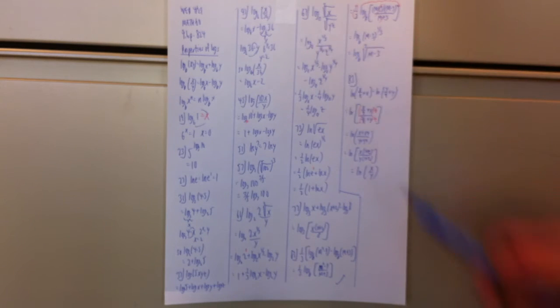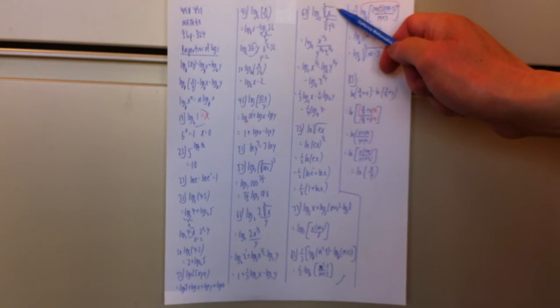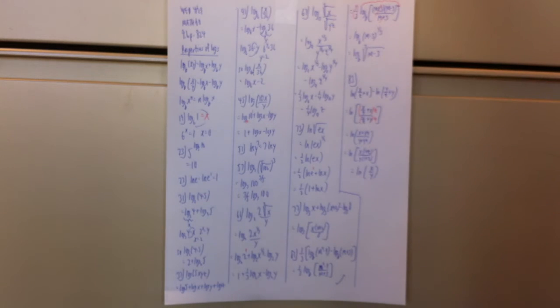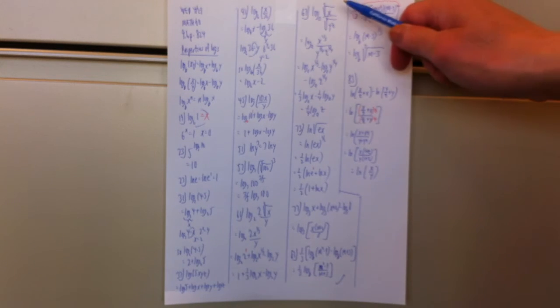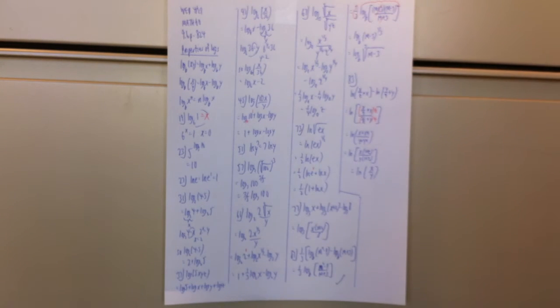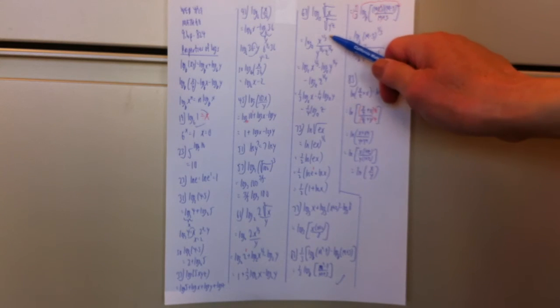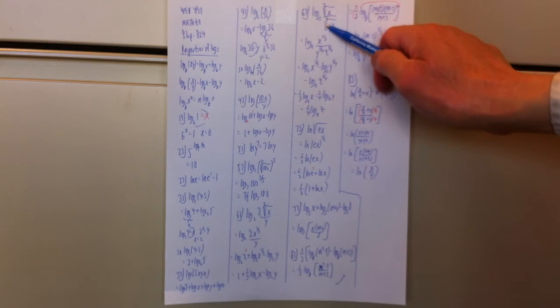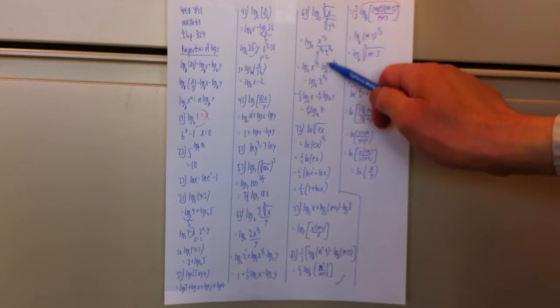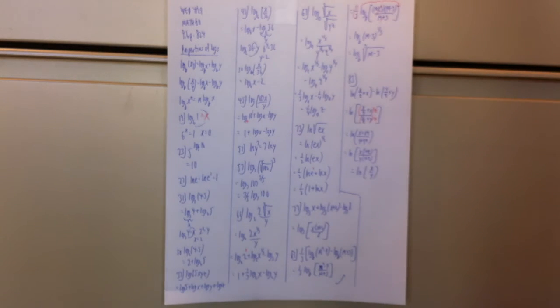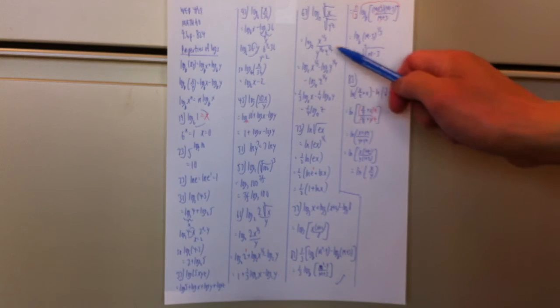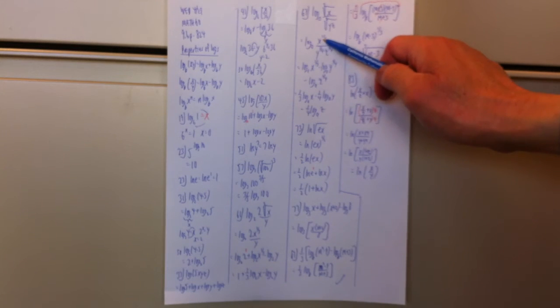Okay, here's 67. Log base a of cube root of x divided by 4th root of yz. First I rewrite this as fractional exponents. Cube root means raising something to the 1/3. 4th root means raised to the 1/4, and I distribute it so each of these are to the 1/4 power. Okay, so we have log base a of x to the 1/3.